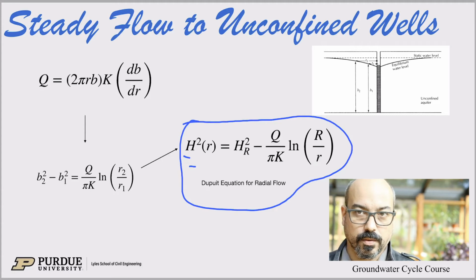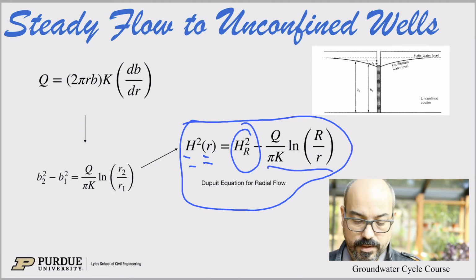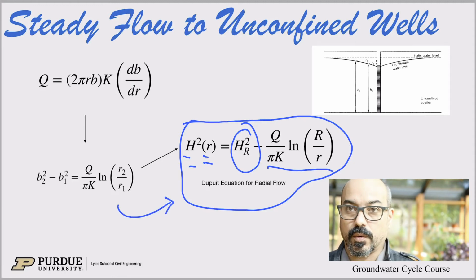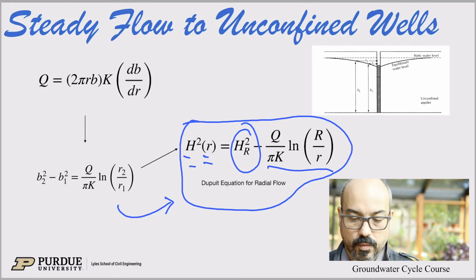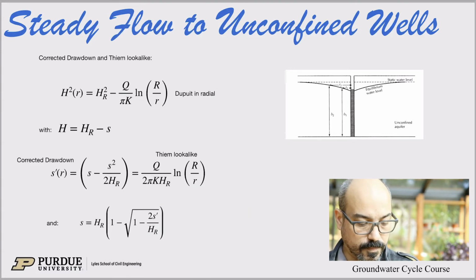So basically there's no drop of water. So we can say that the head squared as a function of r, distance, equals the head at the radius of influence squared minus this business. So this is just reshuffling this equation here. But now we have an expression where we can calculate the H squared as a function of radial distance from the well.